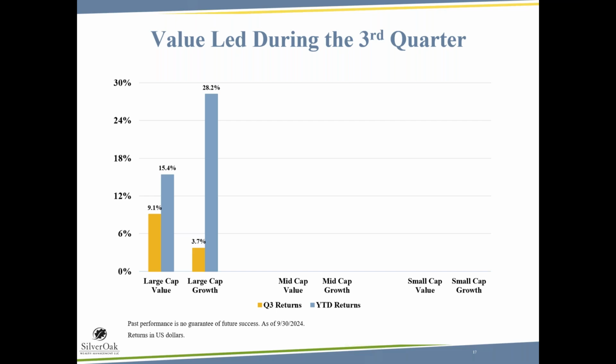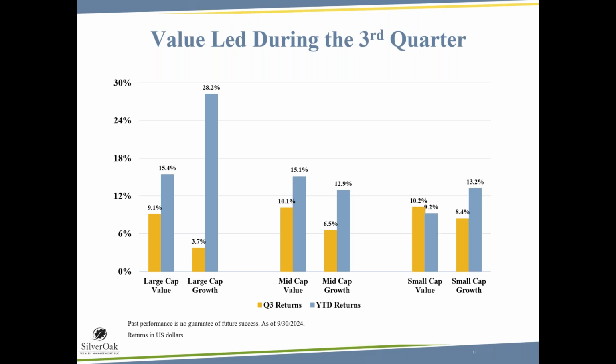But the other side of that was that everything else was actually up. And so that translated in large, mid, and small, in the third quarter, to stronger performance by value than growth. Now, that doesn't hold true when we look at it on a year-to-date basis.